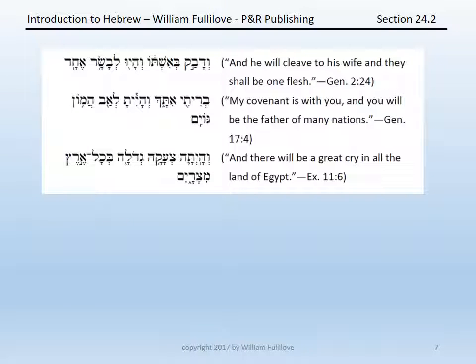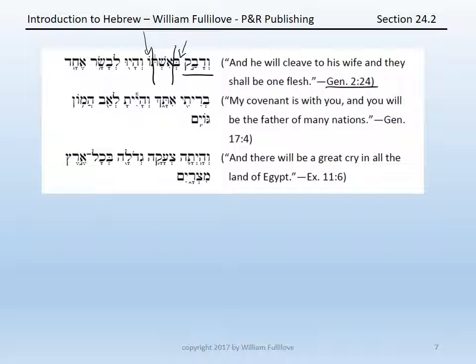Consider these three examples. First, Genesis 2:24. Vedavaq be'ishto vehayu lebasar echad. So vedavaq is a Qal converted perfect of the root davaq, and he will cleave. Be'ishto, the preposition be, in this case to. Isha is the noun, woman or wife, and o is the possessive suffix.